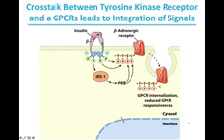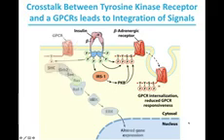A second type of mechanism, or a second type of crosstalk between these receptors, happens when one of the tyrosine residues is phosphorylated by the insulin receptor tyrosine kinase.